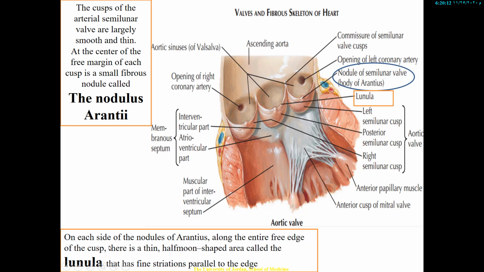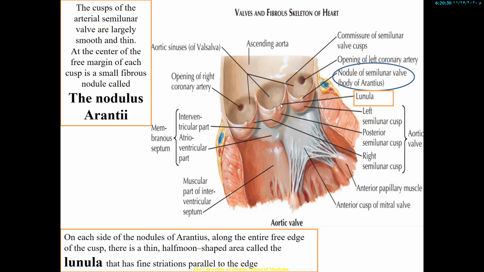On each side of the nodulus arantii, along the entire free edge of the cusp, there is a thin half moon. This area, half moon, we call it lunula.